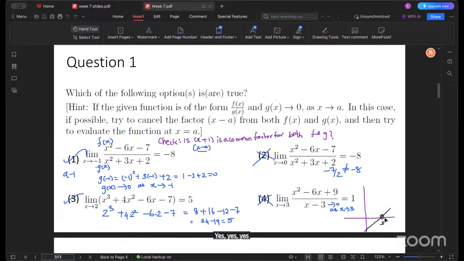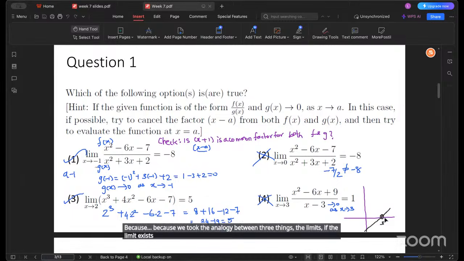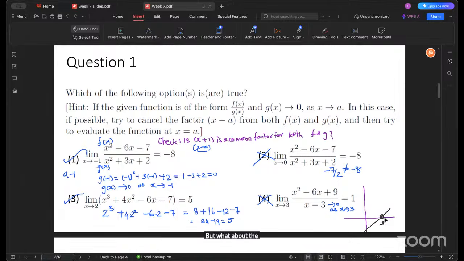Because we took the analogy between three things: if the limit exists, then continuity, and then differentiability. But what about the tangent in between these three things? Hold on. Differentiability and existence of tangents are the same. Okay, ma'am. Thank you.